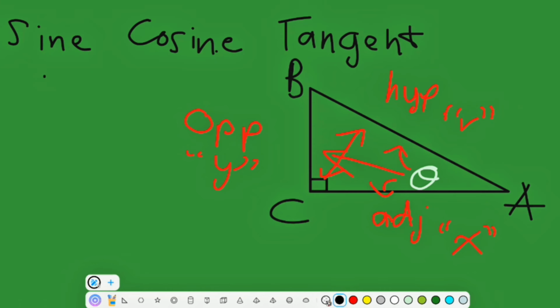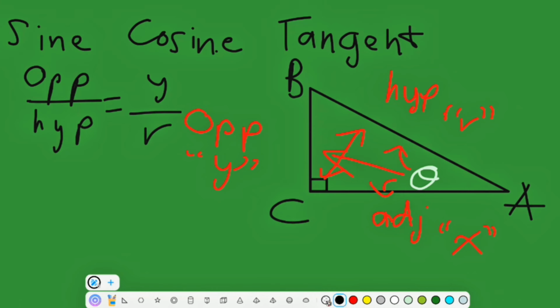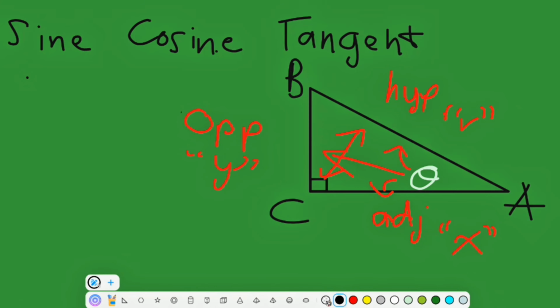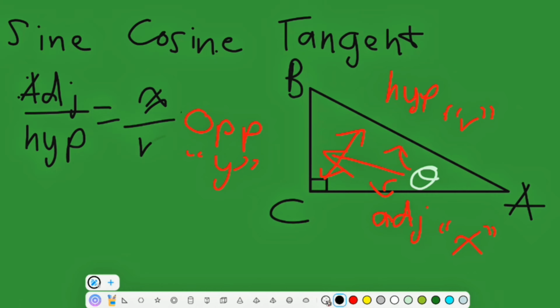The trig ratio sine is equal to opposite side over hypotenuse side, or in simple terms, y over r. The trig ratio cosine is equal to the adjacent side over the hypotenuse side, or in simple terms, x over r.